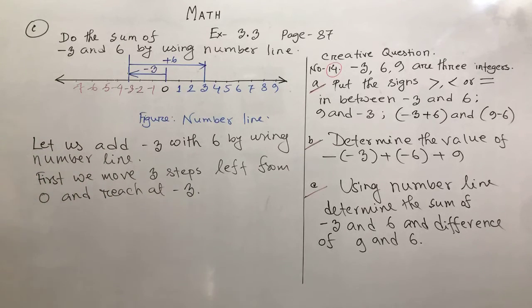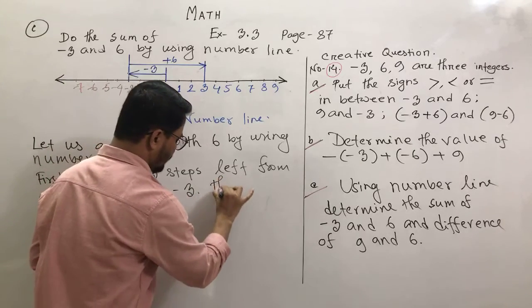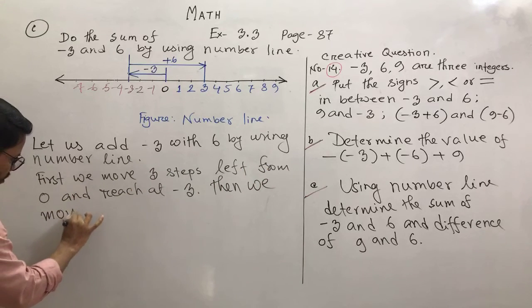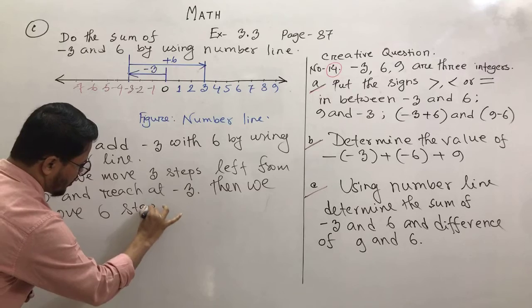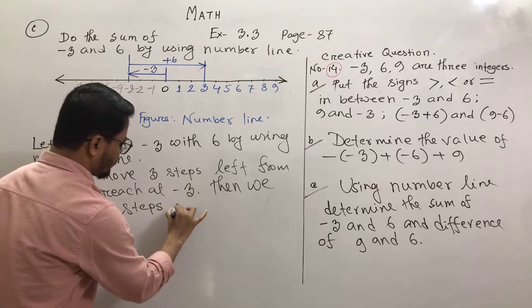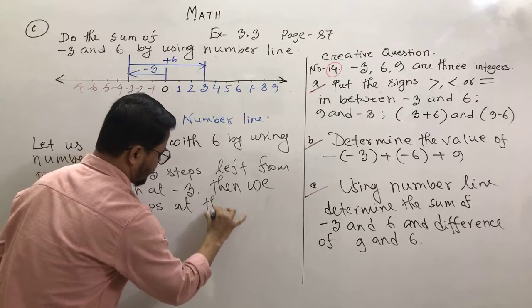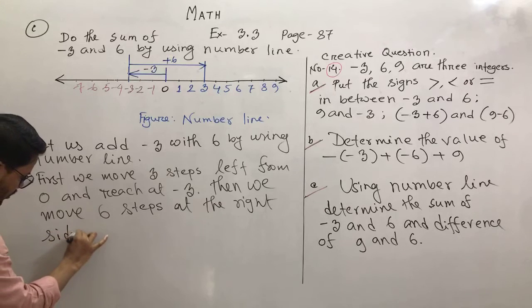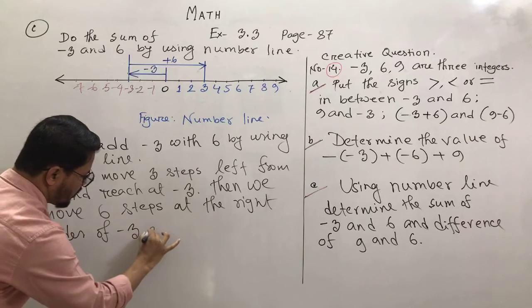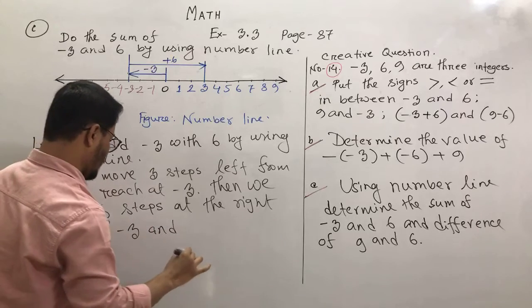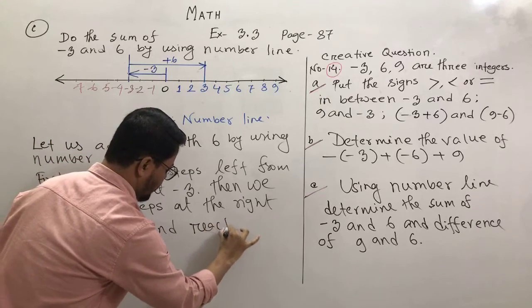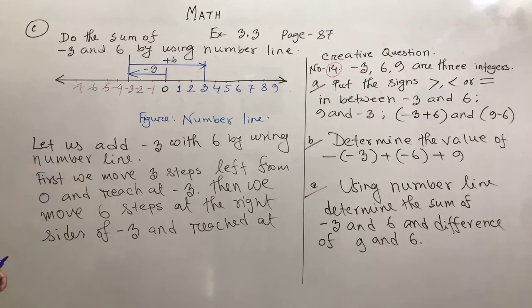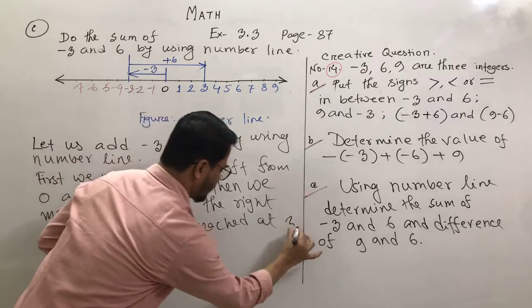Then we move 6 steps to the right side of -3 and reach at 3.